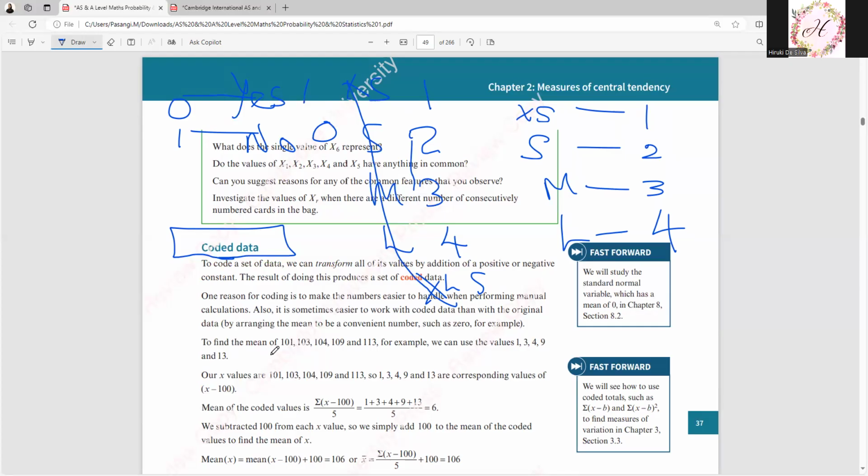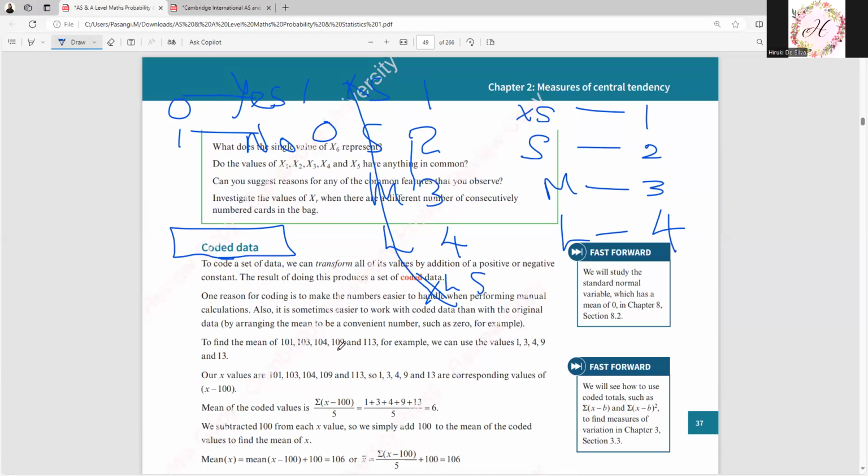To find the mean of 101, 103, 104, 109, and 113, for example, we can use the values 1, 3, 4, 9, and 13 as well. Why have they done it? They have coded it.